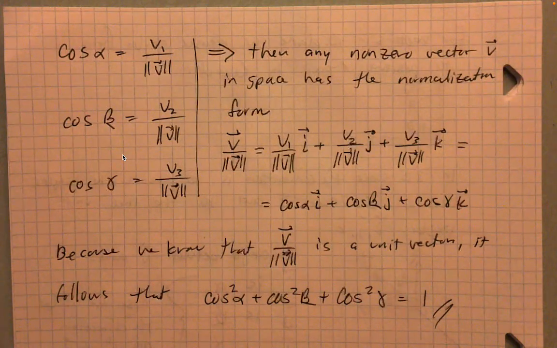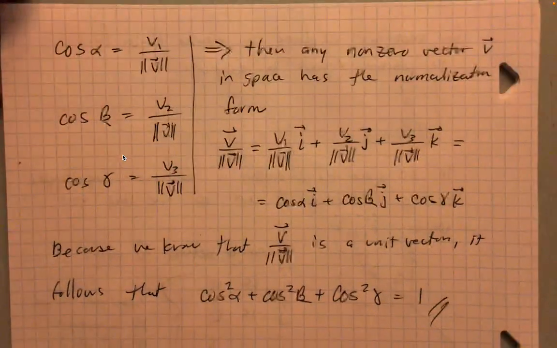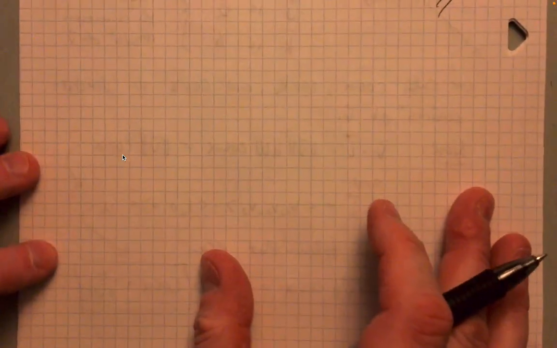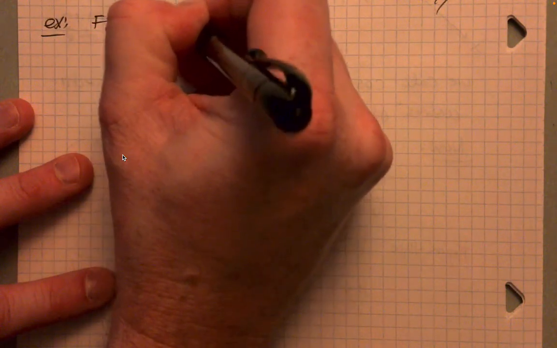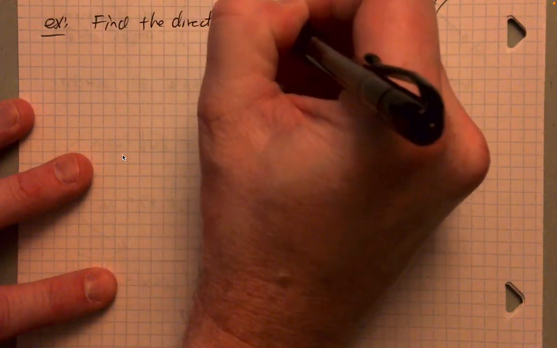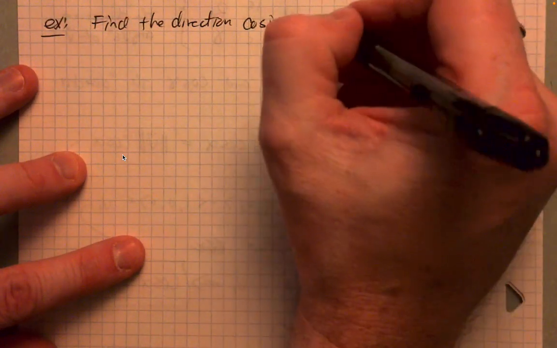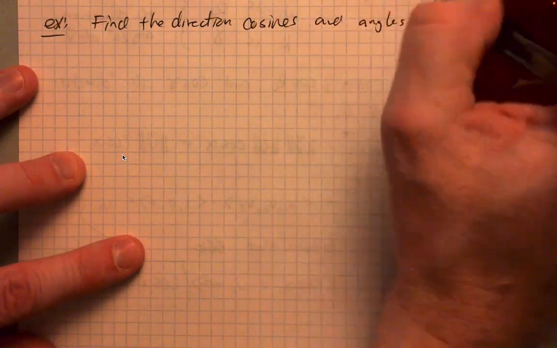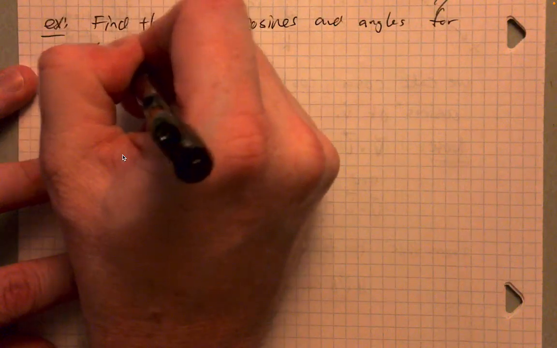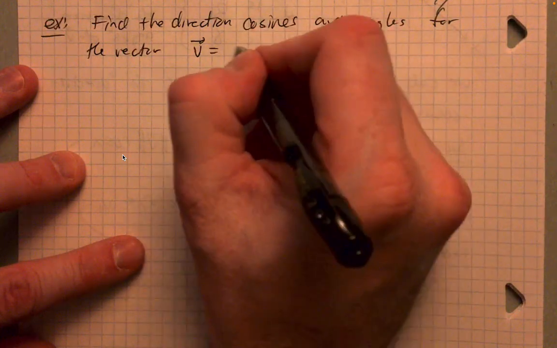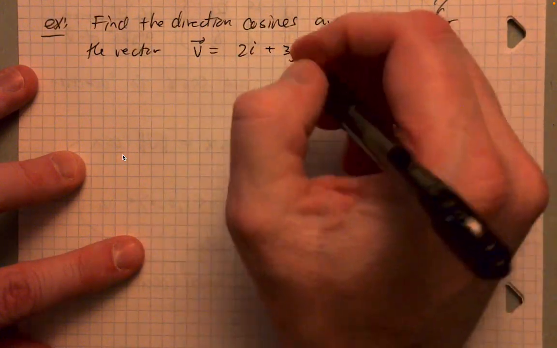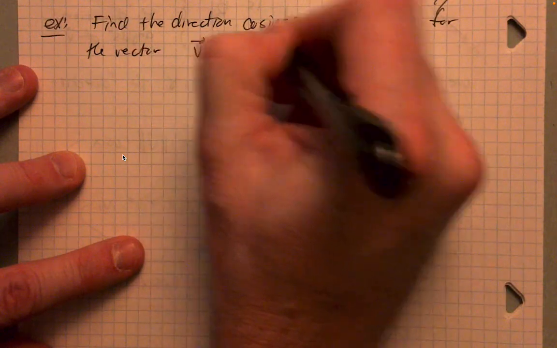Okay. All right. Excellent. Let's do an example. Let's pull some of these together in an actual example with some actual numbers. Let's find the direction cosines and angles for the vector v equals 2i plus 3j plus 4k.